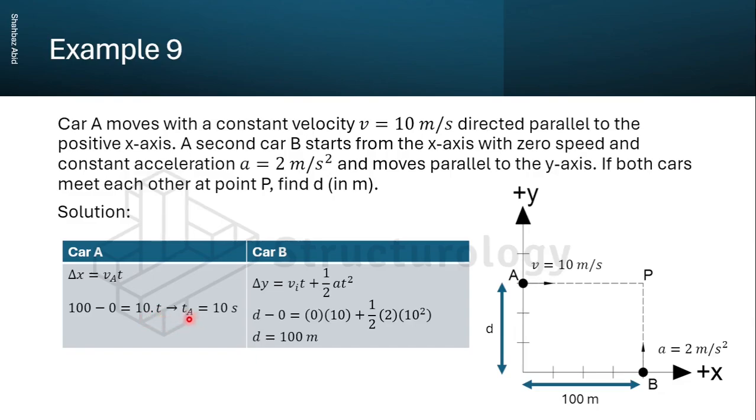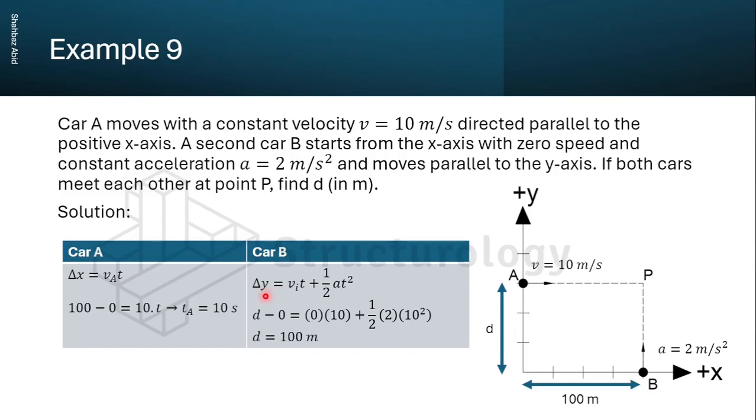So we get the time for A equals 10 seconds. Two objects meet at the same position and at the same time, which means the time it took for car A to reach point P is 10 seconds. It's going to be also 10 seconds for car B.